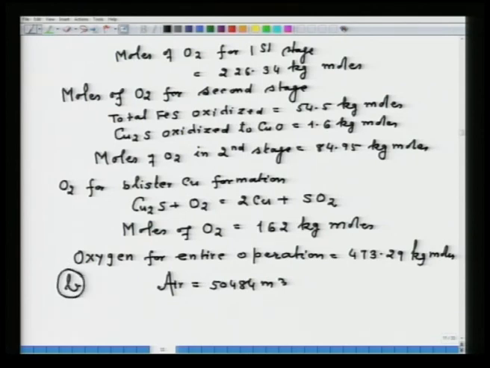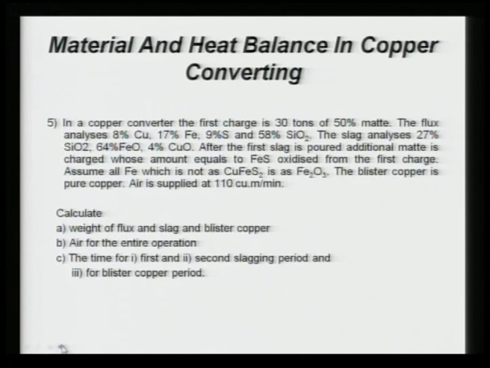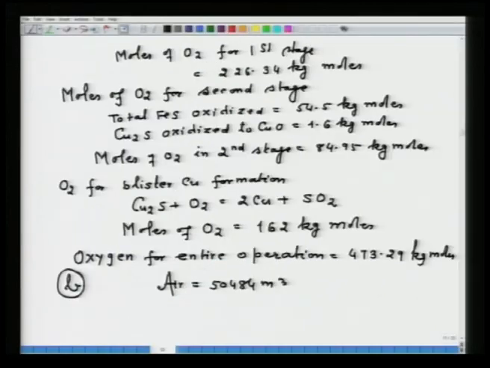Now part C wants the time for the first and second slagging periods and the time for the blister copper formation stage. We know the amount of air, and from the amount of air we can find the time for the respective stages.